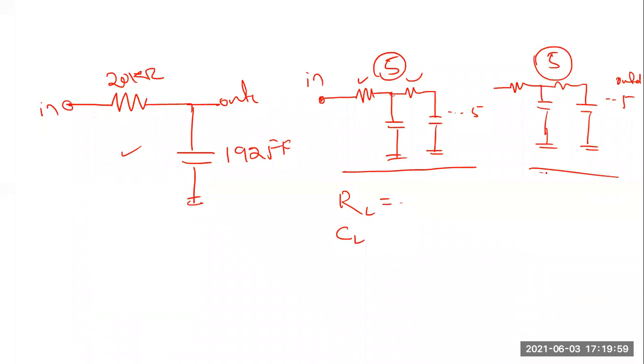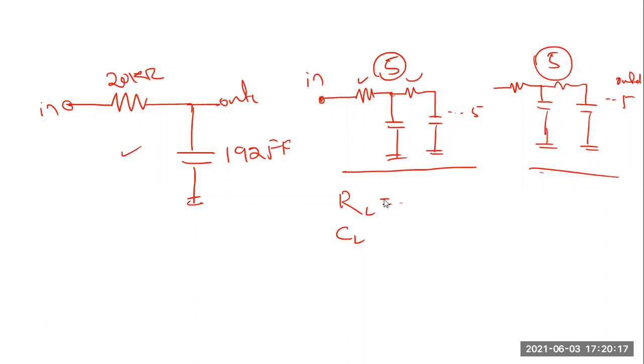Why 3K? The resistance of the left side is 15K, divided by 5. Srishti, you should know this.